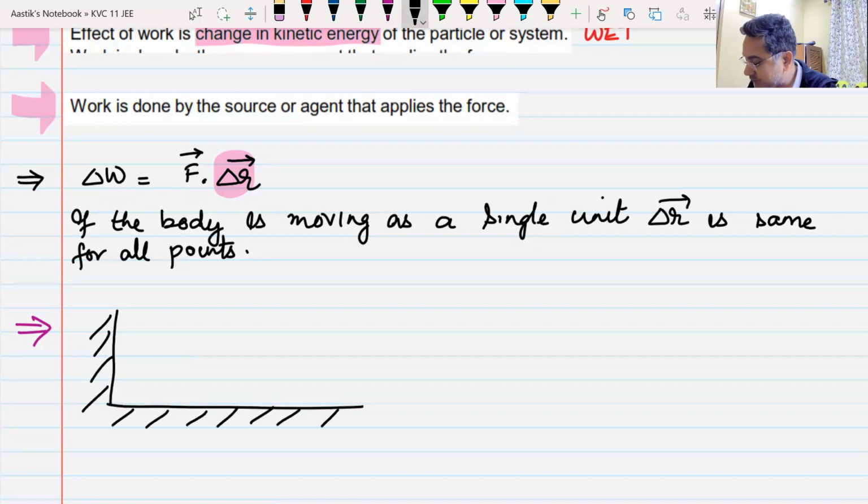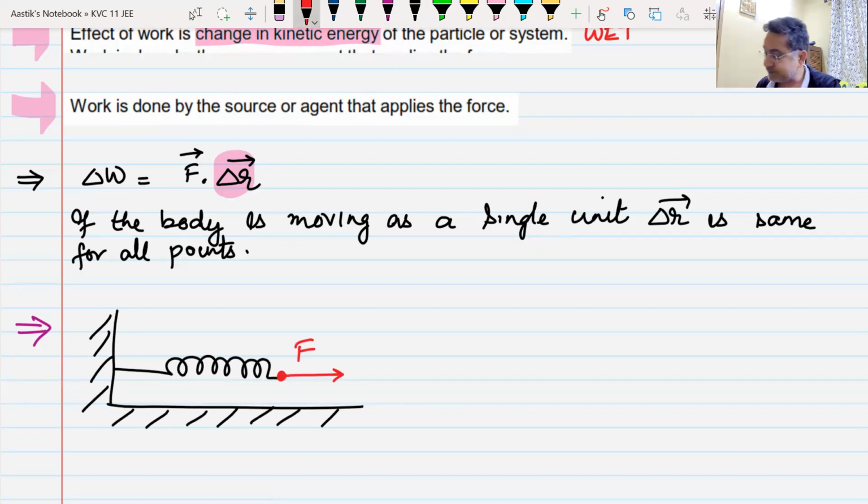I have a wall and I have a spring attached to this wall. I apply a force F on one end of the spring. The other end of the spring is attached to the wall, and I move this end of the spring by an amount x.